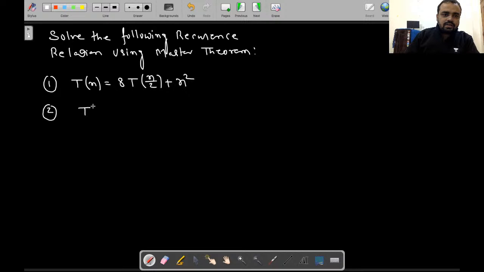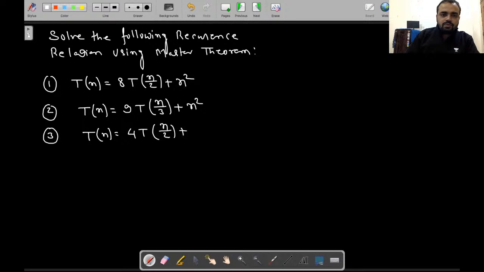Second one is T of n is equal to 9T of n by 3 plus n square. The third one is T of n is equal to 4T of n by 2 plus n square by 100.